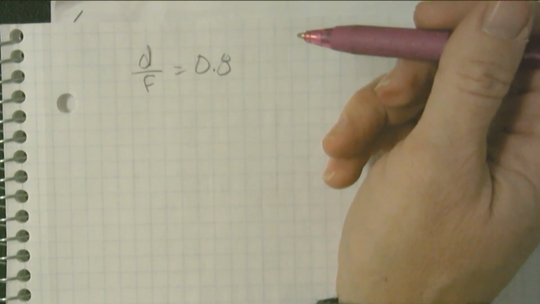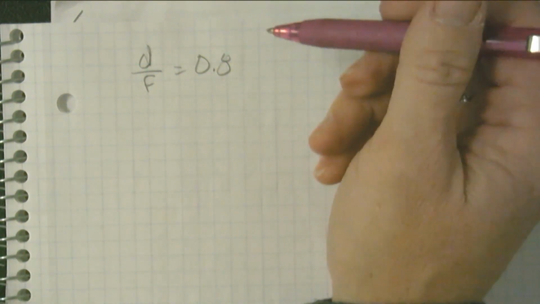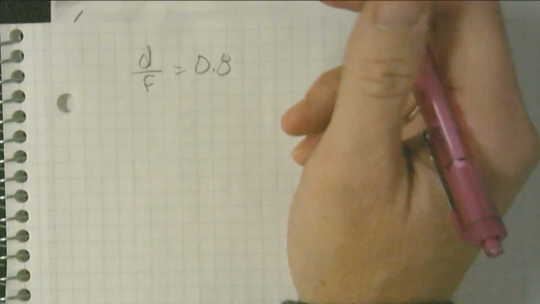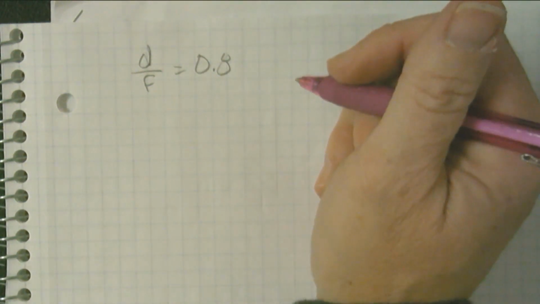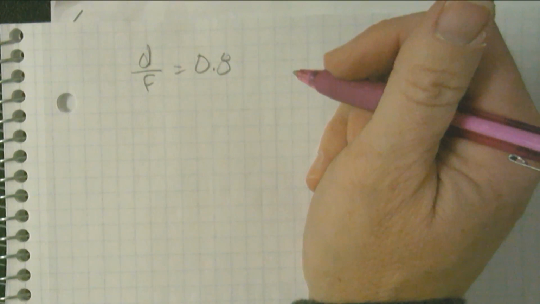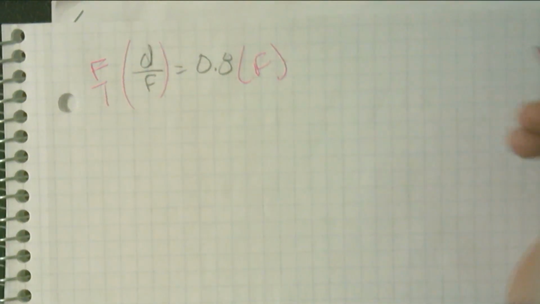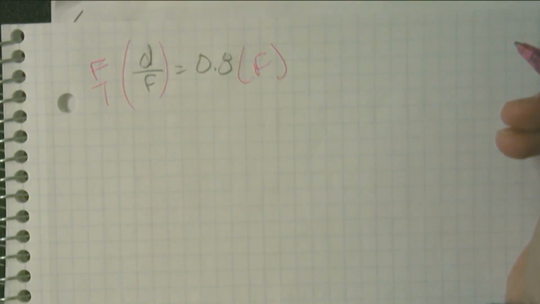No. I'm not putting in my minimum and putting in my maximum to come up with whatever my values are. I'm writing an inequality statement for this. Can't I multiply everything by F over 1? How many of you guys agree with that? Everyone's eyes are on the board. You're doing this now because I'm giving you this on a test.